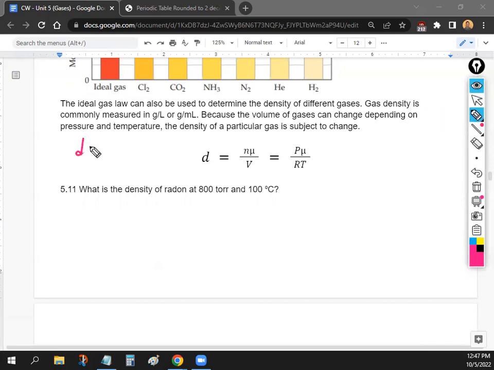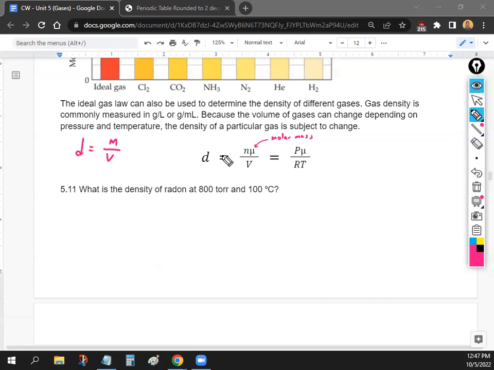So if you guys remember, density is mass over volume, right? And so depending on the mass of the gas, this little u thing is mu, it's a Greek character. This stands for molar mass. Okay. So we can use molar mass to figure out the density of a gas. You all right?